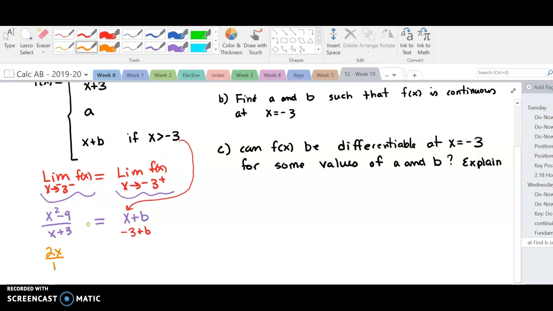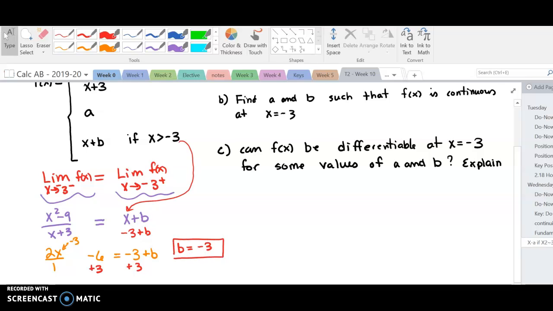When I plug -3 in now, I get -6 equals -3 plus b. When I add 3 to both sides, I can see that b must be equal to -3.